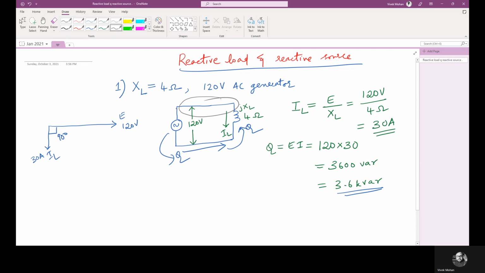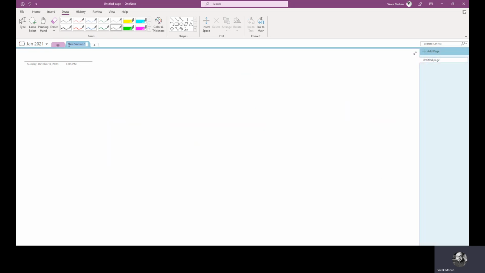Now, if we include a capacitor as well in the circuit, let's see another example. Suppose I add a capacitor having the same reactance of 4 ohms. So I'm drawing like this.